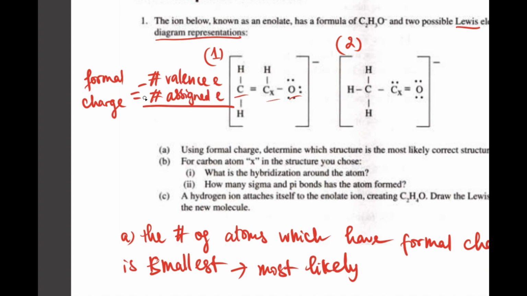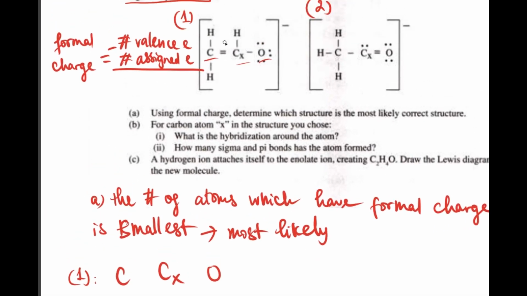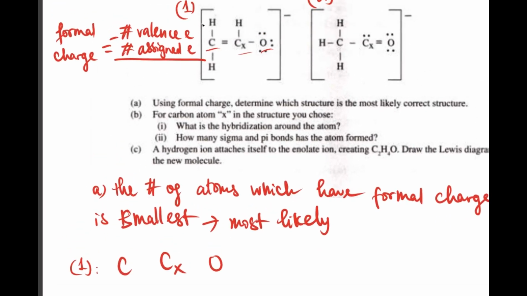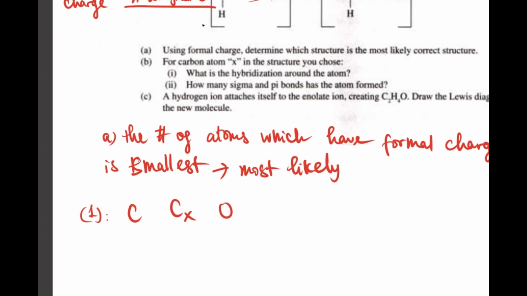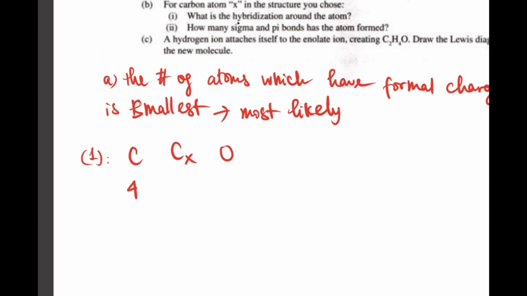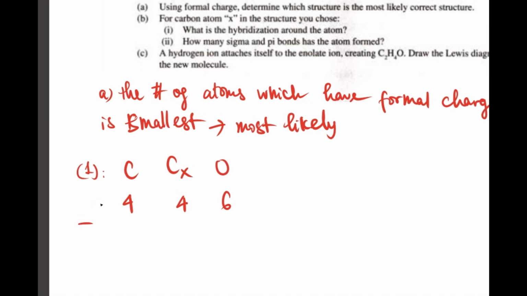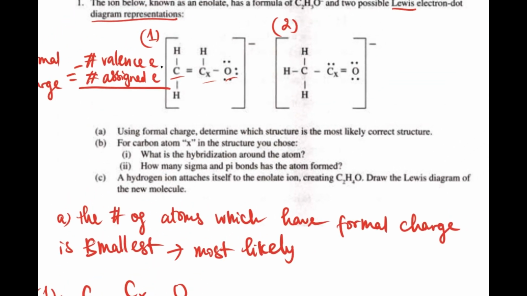Right? So we got here, we're going to consider this carbon first, and the valence electron of carbon is 4. And it's the same for this carbon with an X. For oxygen, it's 6. And I'm going to minus the assigned electron in the first diagram.